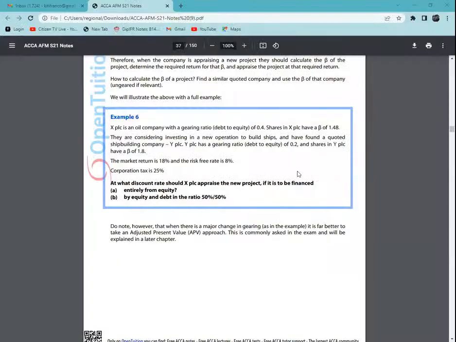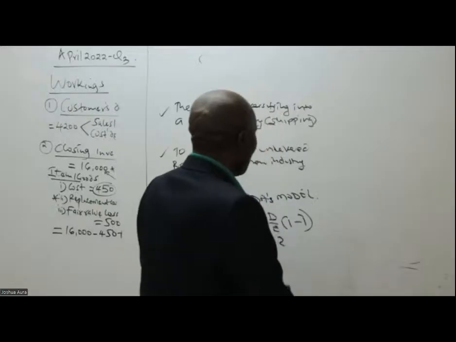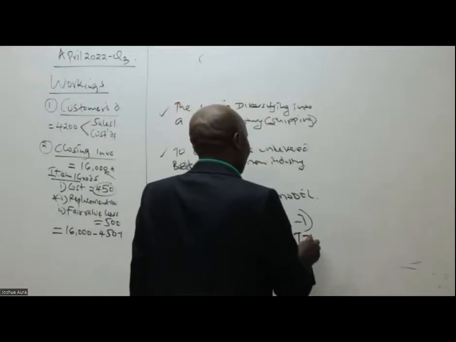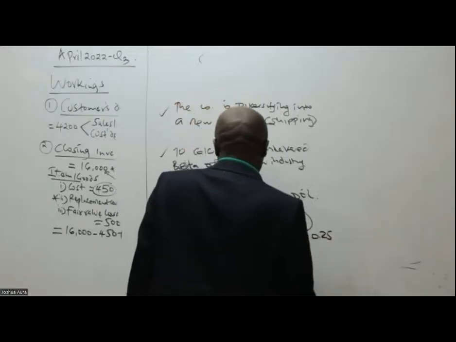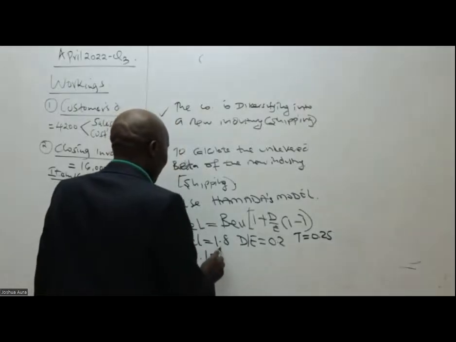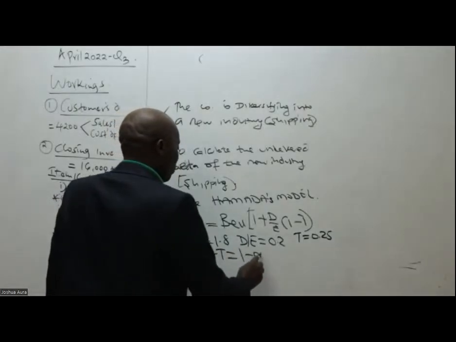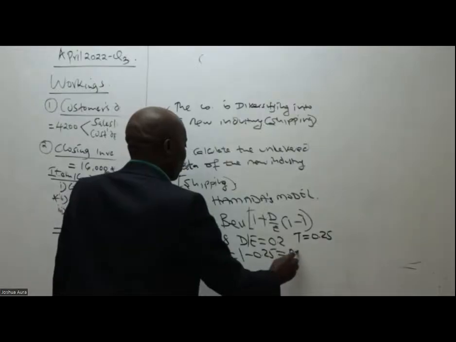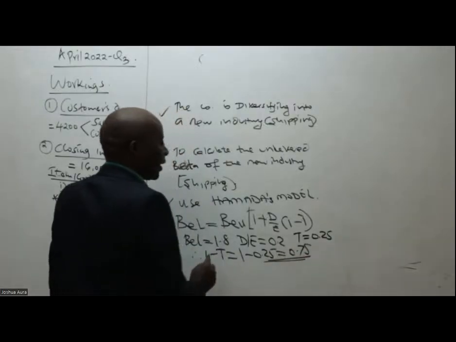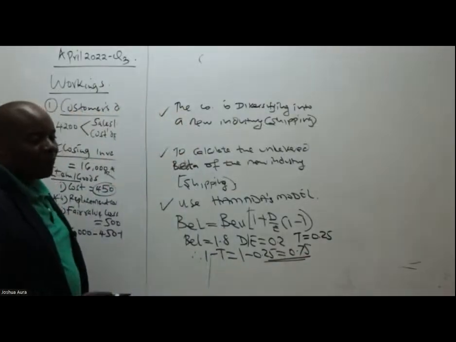Then the other thing they have done so nicely is to give me the tax, which is 0.25. And therefore, 1 minus tax will be 1 minus 0.25, which is 0.75.